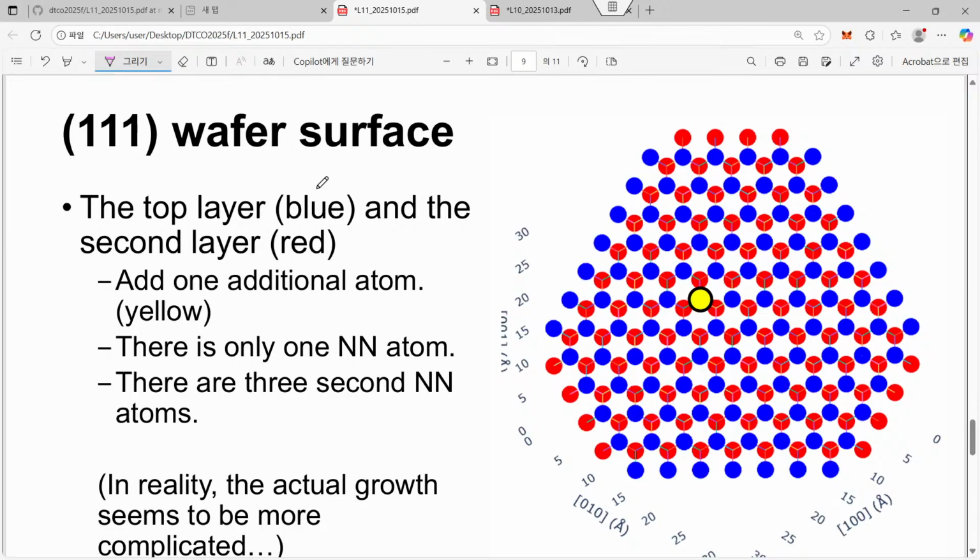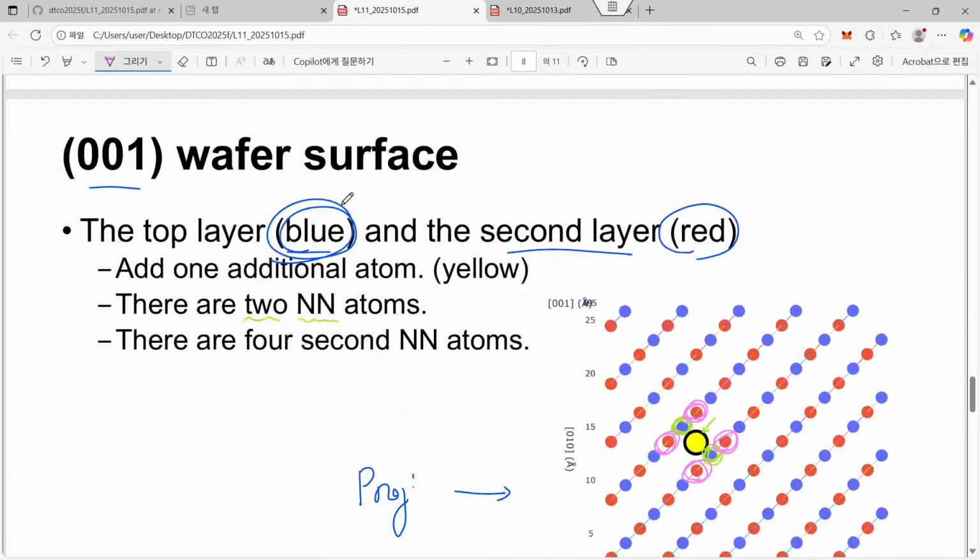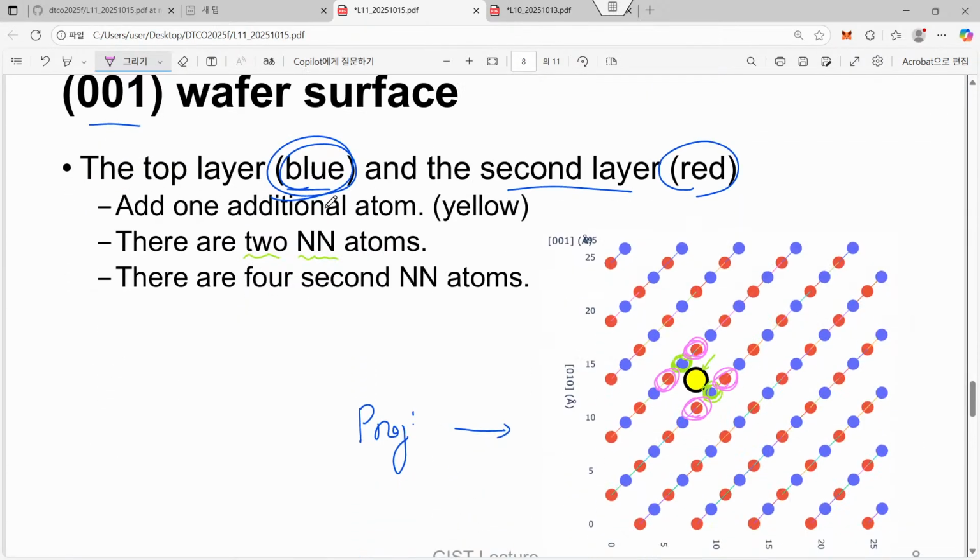So they are quite shallow, because the distance between this blue and red should be equivalent in every case. In this 111 case and this 100 case, you can find the stick connecting two blue and red dots, and their lengths are the same.